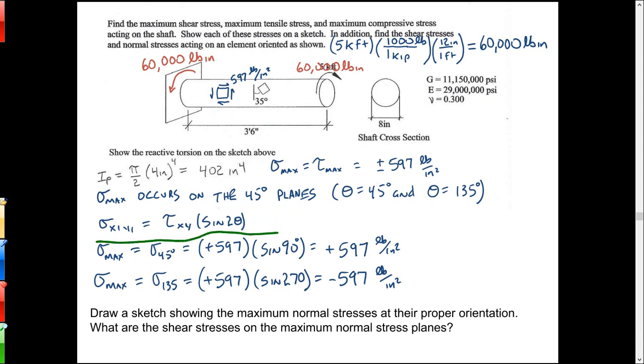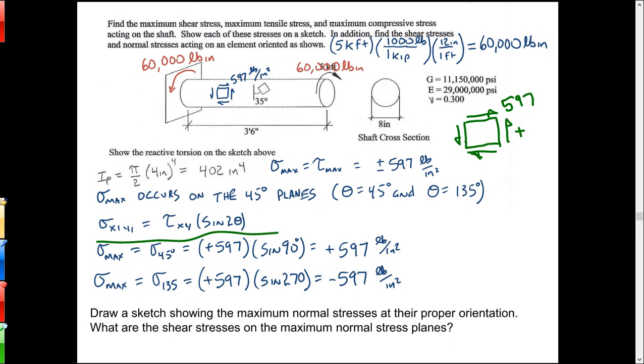This is the general normal stress formula, sigma x1 is tau xy sine 2 theta. What we had on our shear sketch was 597. That's a positive shear right there on our reference plane.